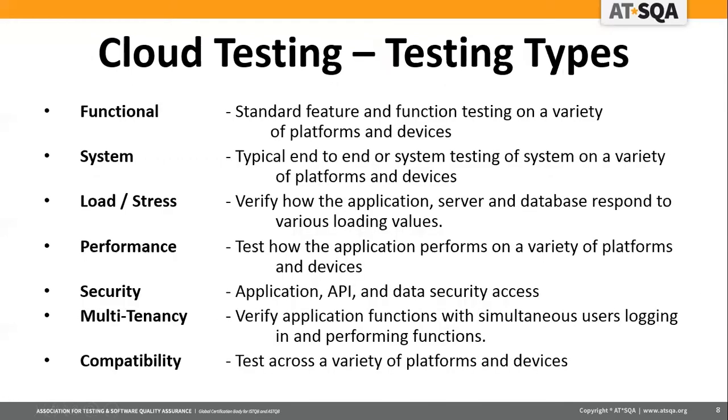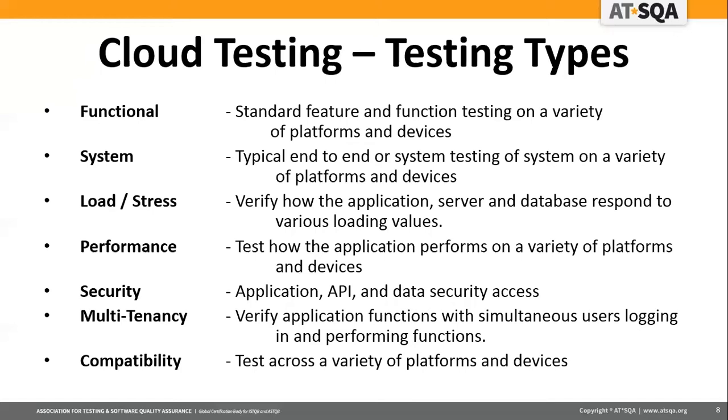Cloud testing types. You can do literally any testing in the cloud. But let's go over some typical testing types. You can do your functional testing, your standard feature and functional testing using a variety of platforms and devices if you have access to those in the cloud provider. You can do end-to-end or system testing, again, with a variety of platforms and devices.